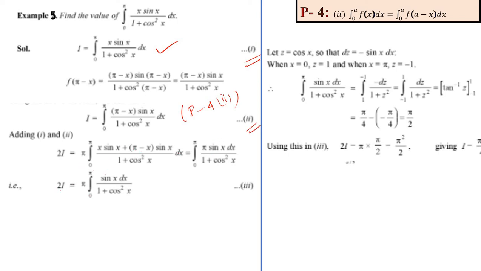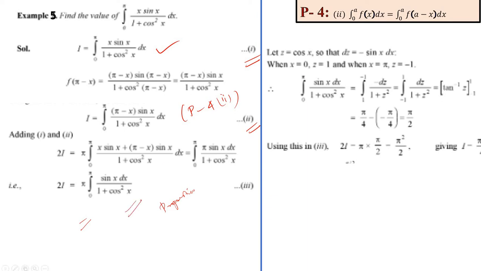So we are having 2i to be pi into integral 0 to pi sin x dx by 1 plus cos square x. Now here by substitution method we are going to evaluate this. See, up to this we have made use of properties of definite integral. So those properties are used up to this.